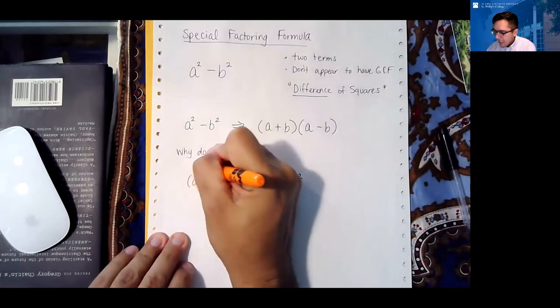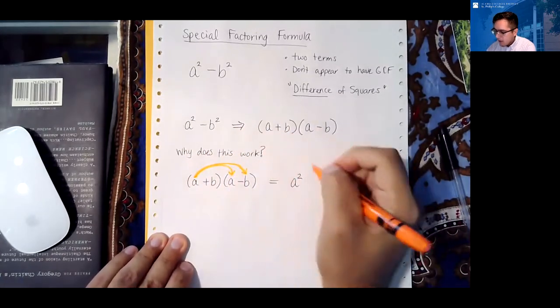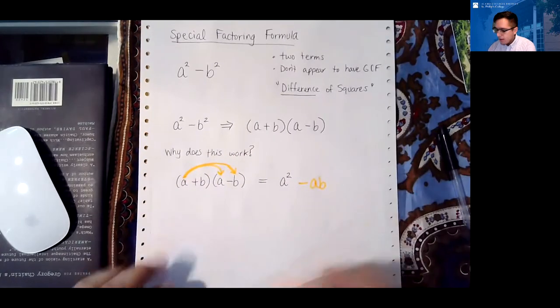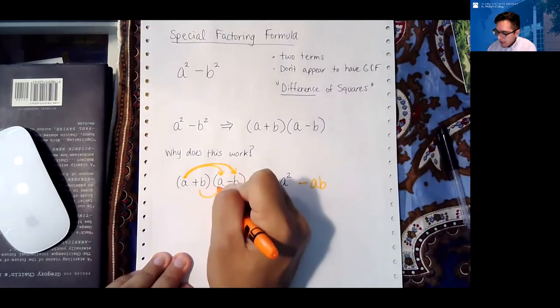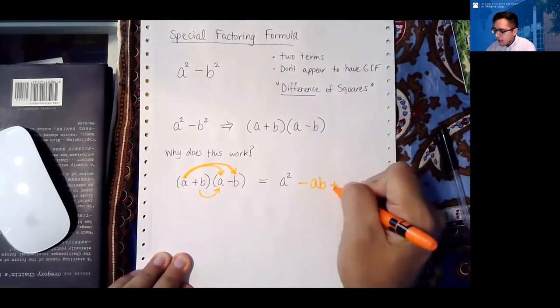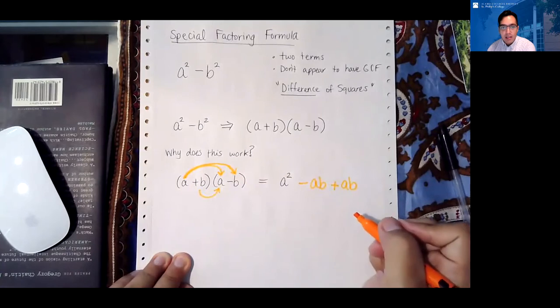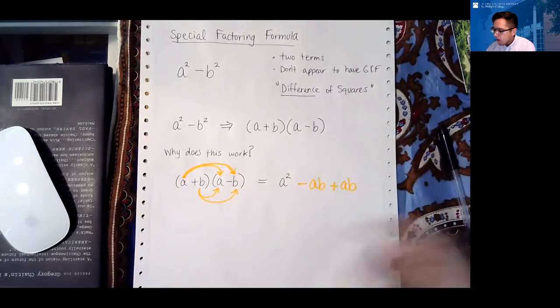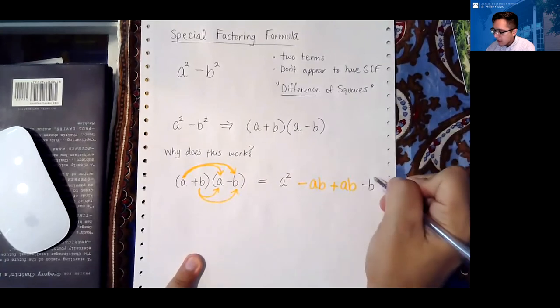Then we would have a times negative b, which would be negative ab. Then we would have b times a, which would be a positive ab. And then b times negative b, which would be our negative b squared.